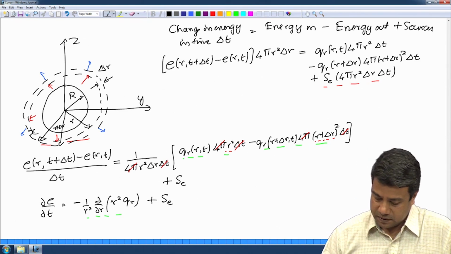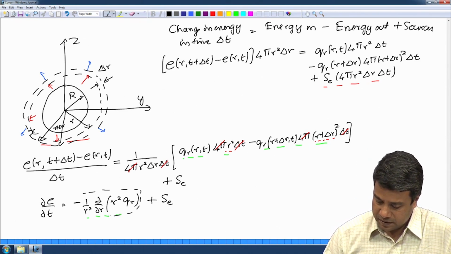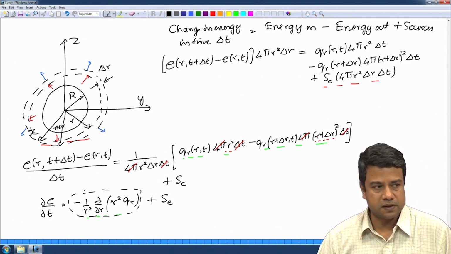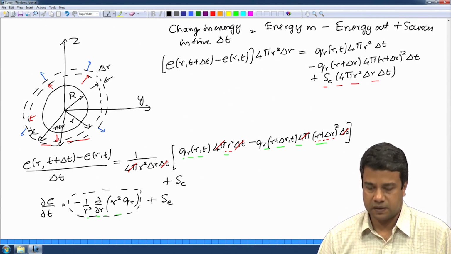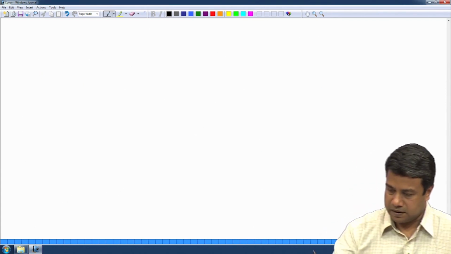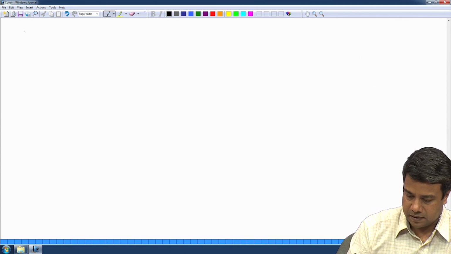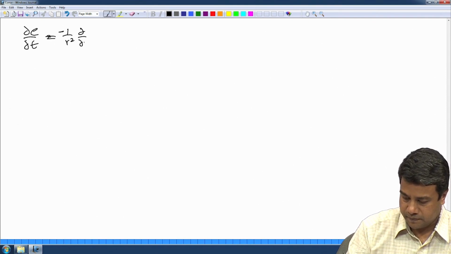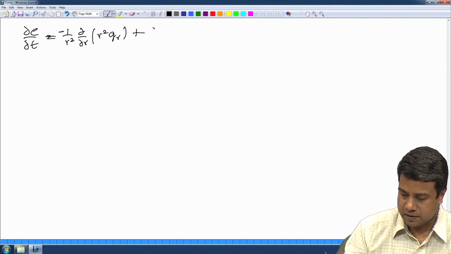So, this is the differential operator in a spherical coordinate system, 1 by r square d by dr of r square q_r. And then if I use the constitutive relation, the balance equation that I had was partial e by partial t is equal to minus the divergence of the flux plus the source.